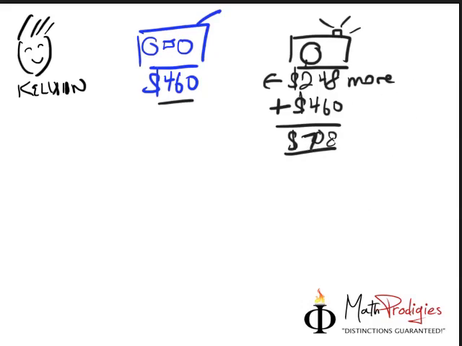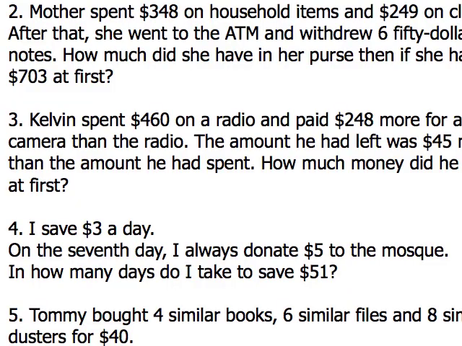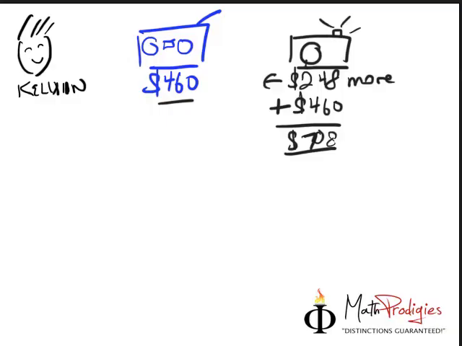Now the next thing is they say that the amount he had left in his wallet was $45 more than the amount he had spent. So how much did he spend so far? He spent $460 and he spent $708. So how much did he spend in total?